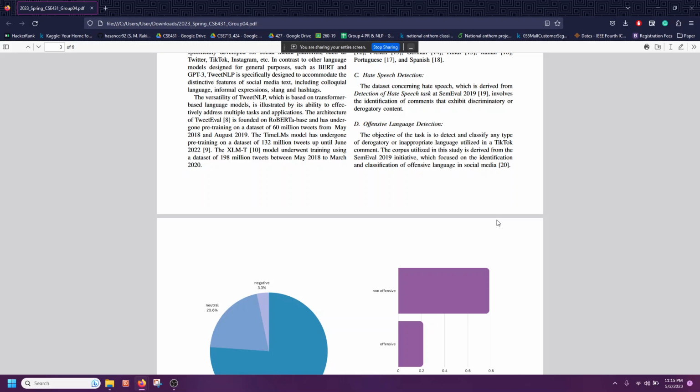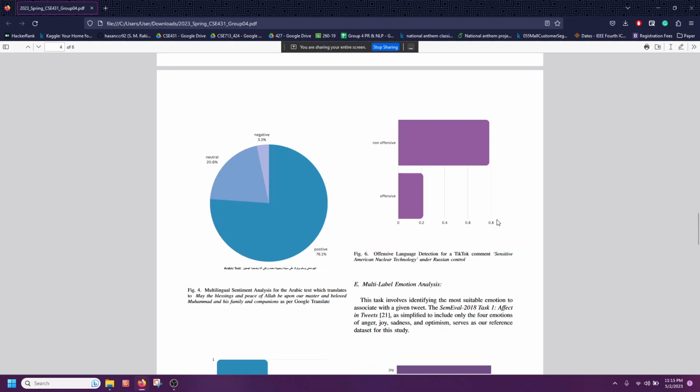The objective of the task is to detect and classify any type of derogatory or inappropriate language utilized in a TikTok comment. The corpus utilized in this study is derived from the SemEval 2019 initiative, which focused on the identification and classification of offensive language in social media.